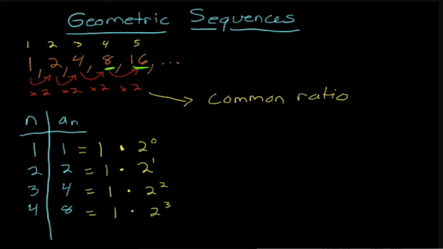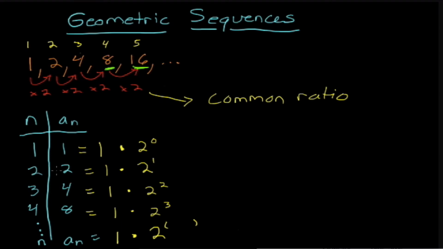So how could we generalize this to the nth term? Here's n. So a sub n, the nth term, is going to be 1, our initial value, our starting value, times 2, the common ratio, to what? Well, let's look at the relationship between n, the term number, and our exponent. So if the term number is 1, to generate the first term, we raise 2 to the 0th power.